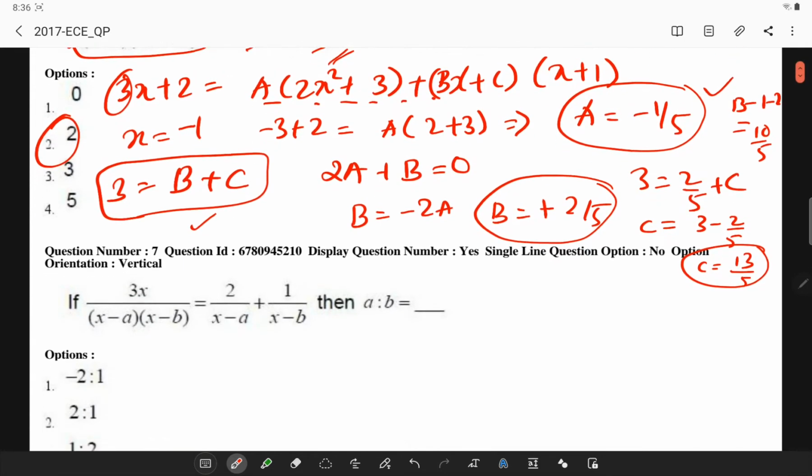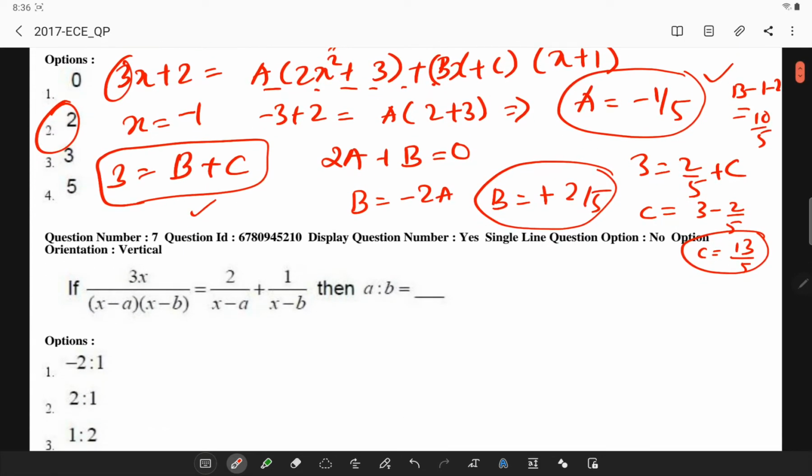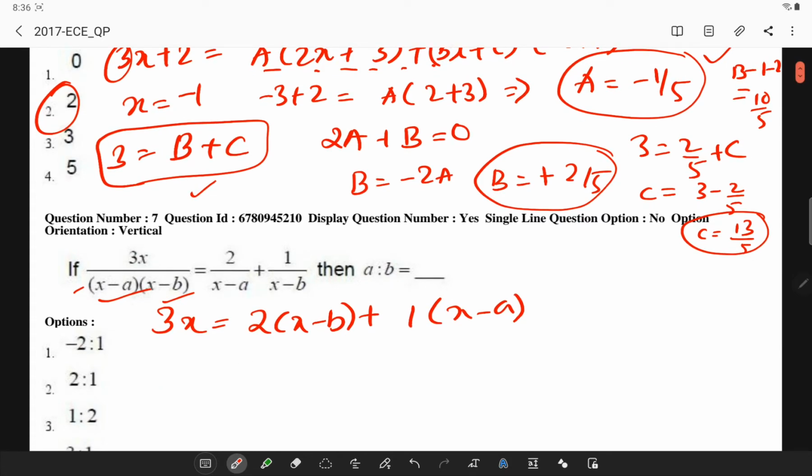Next, so we have this equation, so I will be multiplying this equation both sides with x minus a into x minus b. So I will be left with 3x is equal to 2 into x minus b plus 1 into x minus a. Now if I substitute x is equal to a, this will cancel, and 3a will be 2 into a minus b.